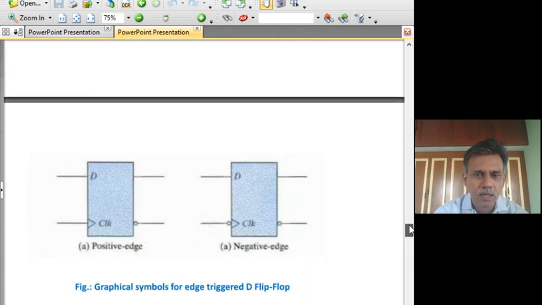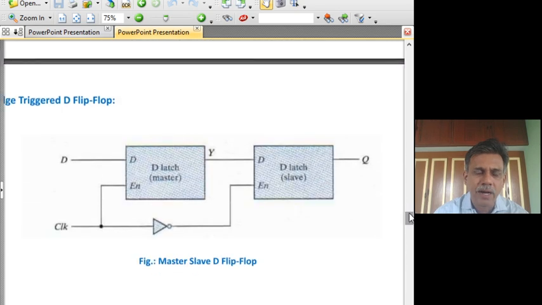We can alternatively, by negating the clock pulse that is given to the master latch while giving the same unnegated clock pulse to the slave, easily construct a positive edge triggered flip flop.